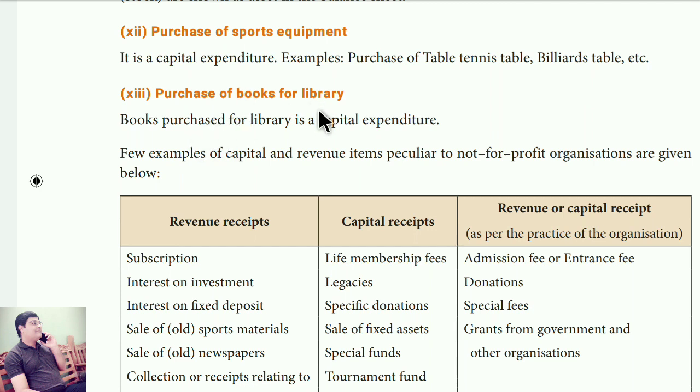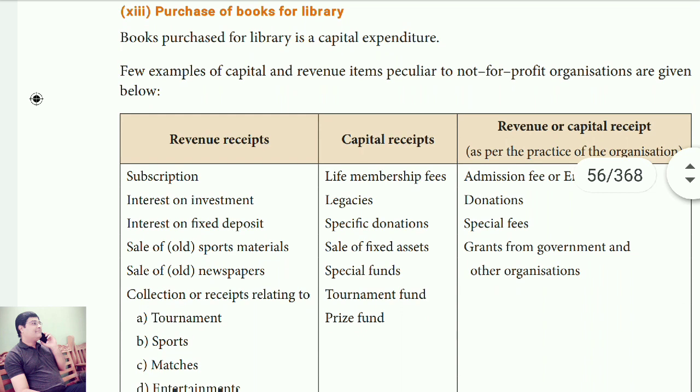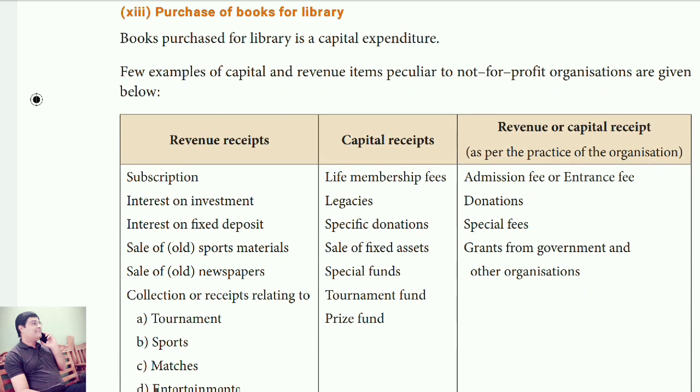Then purchase of books for library. Books purchased for library is a capital expenditure.